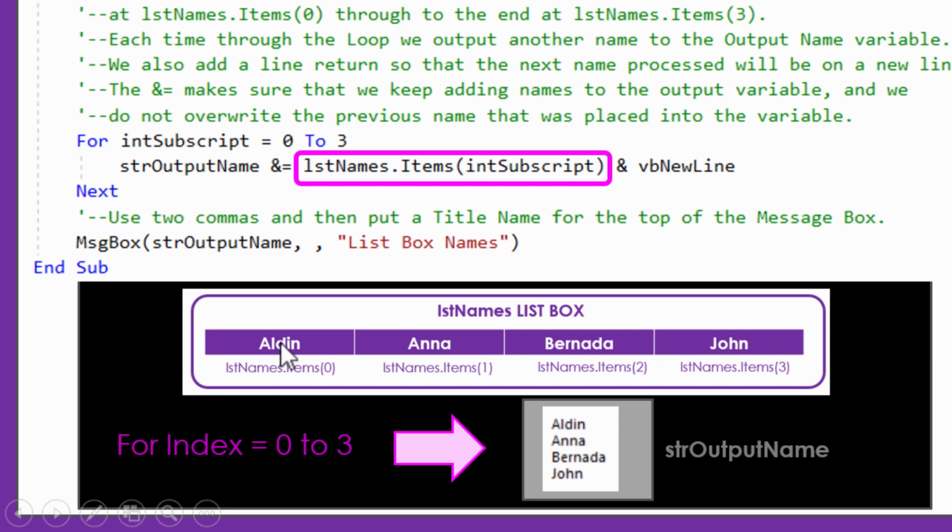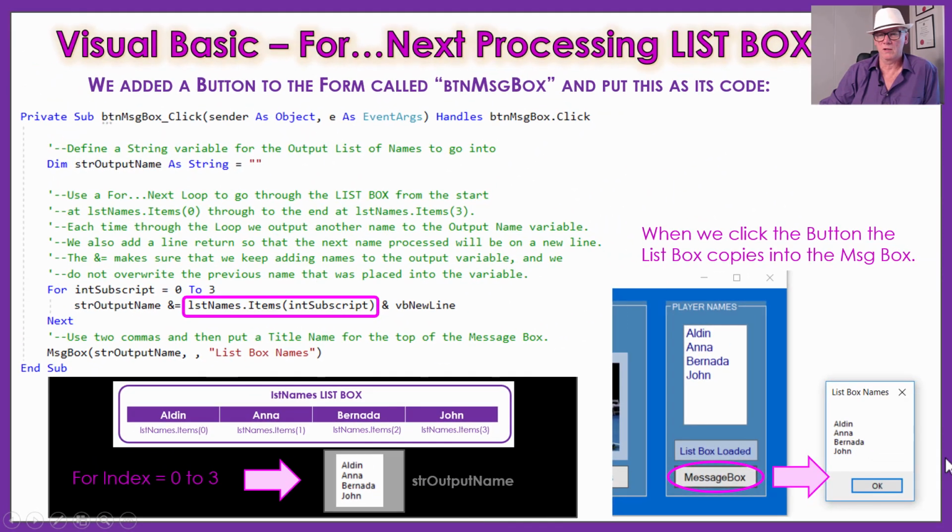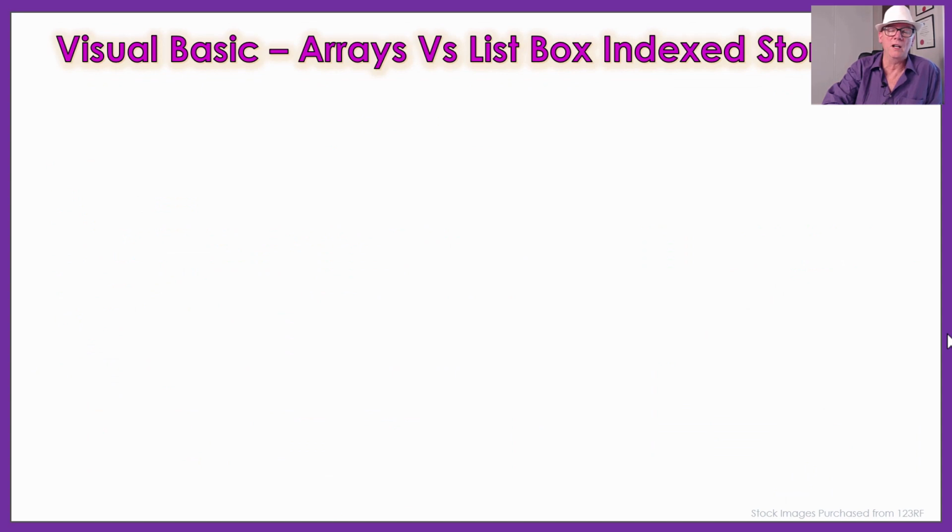So you can just go through 0, 1, 2, 3, 4, grabbing those, and then you can put them into this str output name with their carriage returns, and then make str output name come out as a message box, okay? Message box here, like we did before, okay? So that's how all that's working. So just think of a list box, it's kind of like an array, but it's one which we can see on the form on the screen.